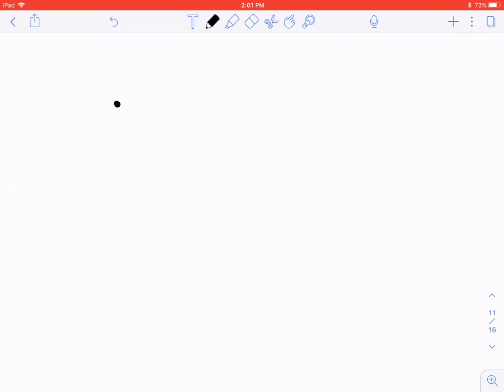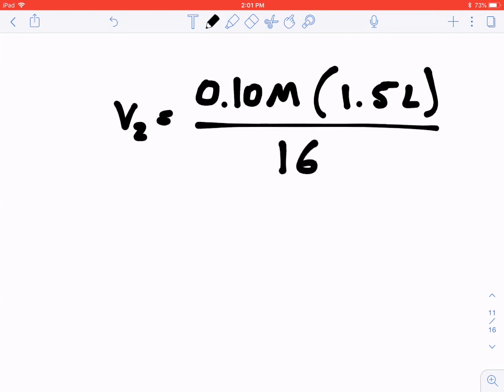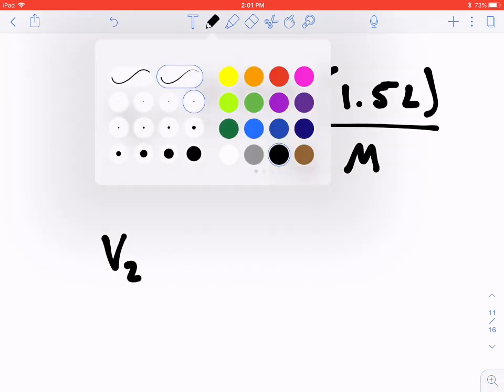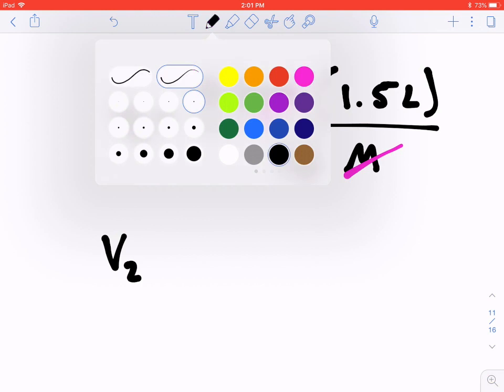So we have, at the end of the day, V2 equal to our desired molarity, which is 0.10 molar, times the volume that we're after, which is 1.5 liters, over the molarity that we're starting with, which is 16 moles per liter. And if we solve that, notice that your molarity cancels. That's good.